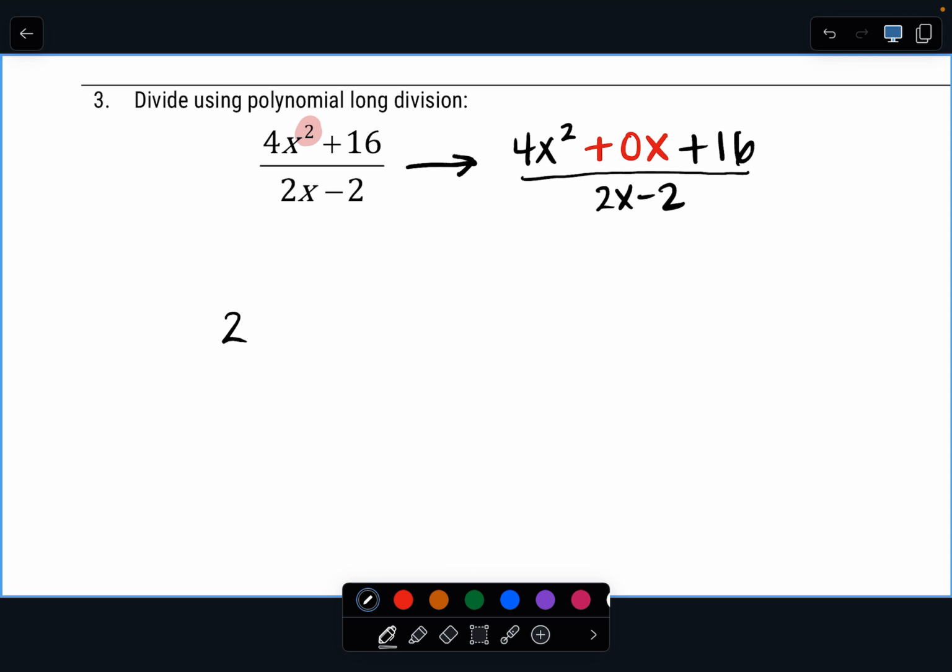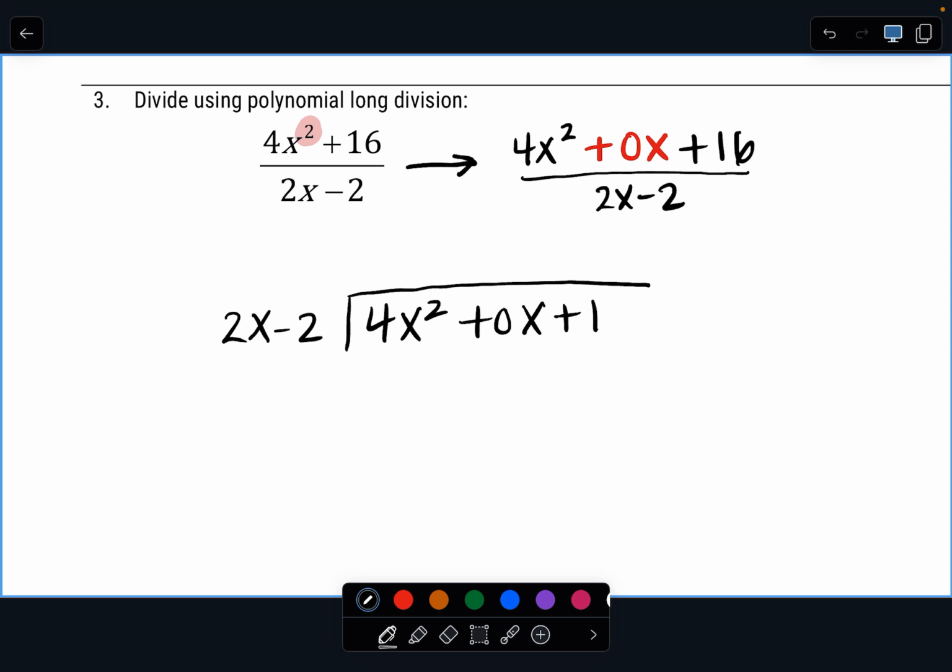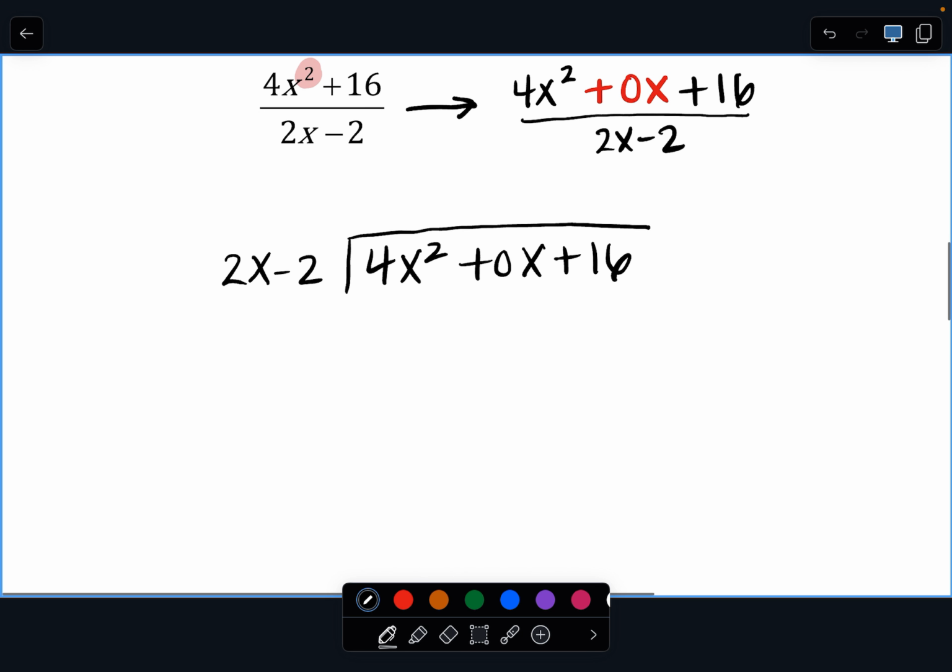I'm going to put my divisor, 2x minus 2. I'm going to put my dividend, 4x squared plus 0x plus 16. The goal is to get rid of the first terms as we go from step to step. So the only thing I care about right now, if my goal is to eliminate the first term, the 4x squared, I only care about the 2x and the 4x squared.